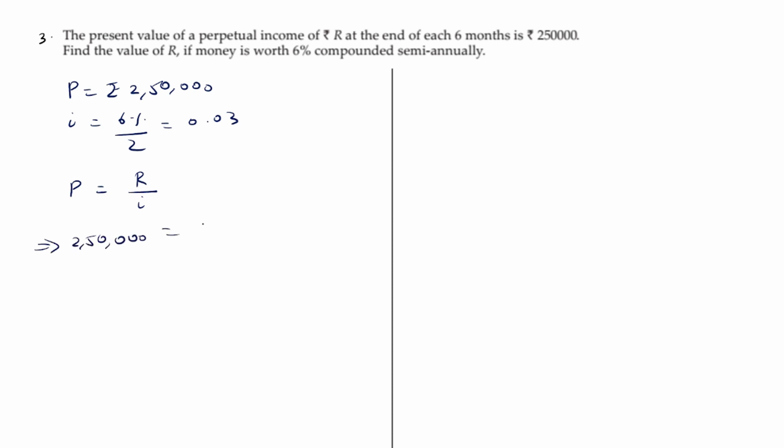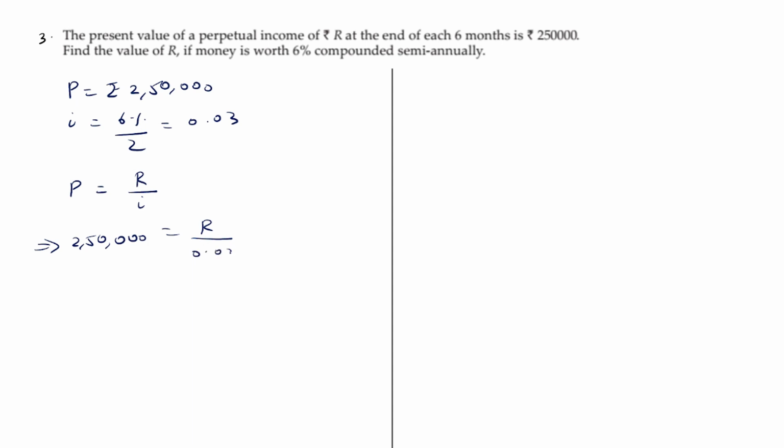So here P is equal to rupees 2,50,000 and the rate per period I will be 6% divided by 2, or it is 0.03. So the present value of perpetuity P is equal to R by I. P is given as 2,50,000. R we need to find.